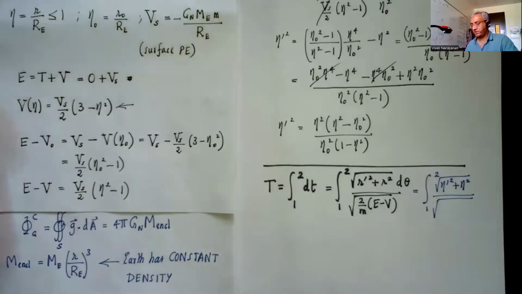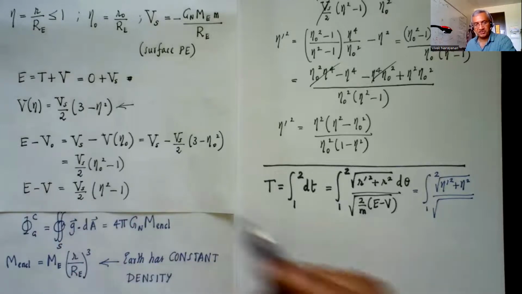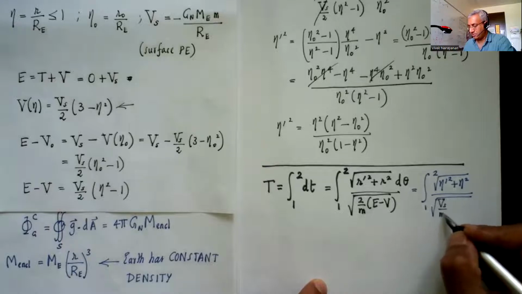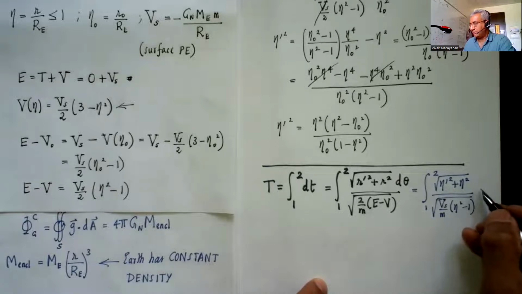So I'm going to do that. Because of the v sub s over 2 and 2 over m, the 2 cancels out. So I'm just going to get v sub s over m times eta squared minus 1. And then I have d theta.